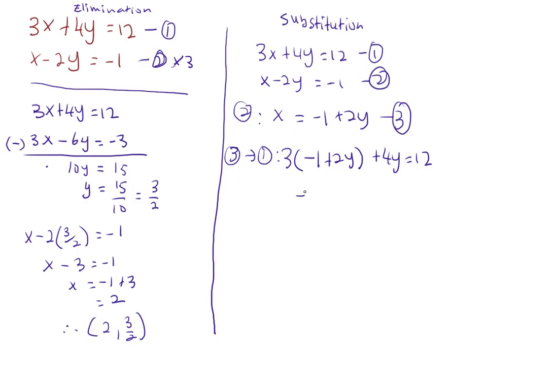By expanding it, negative 3 plus 6y plus 4y equals 12. 10y equals 15 and y equals 3 over 2.